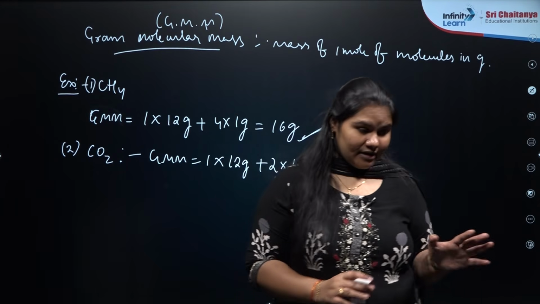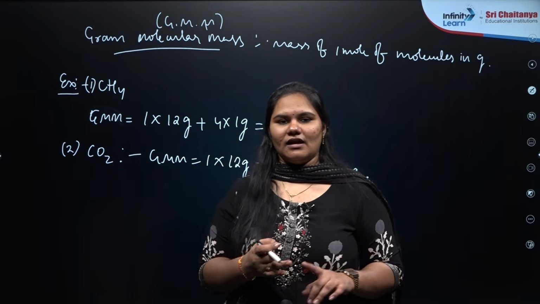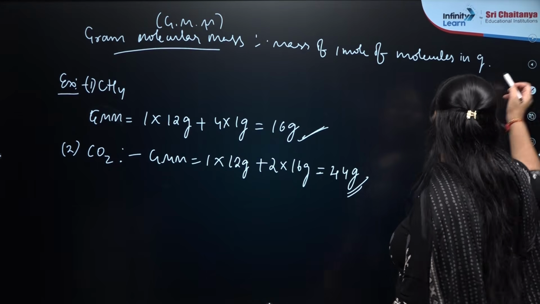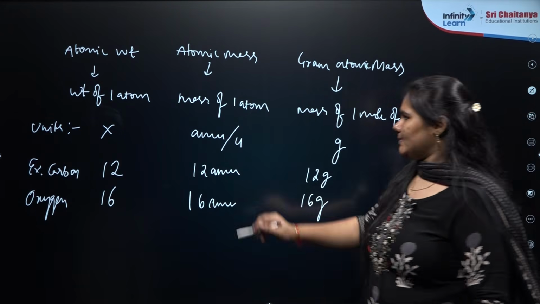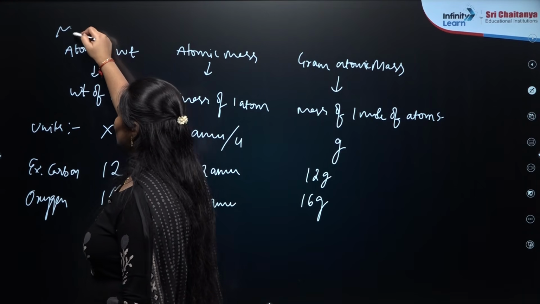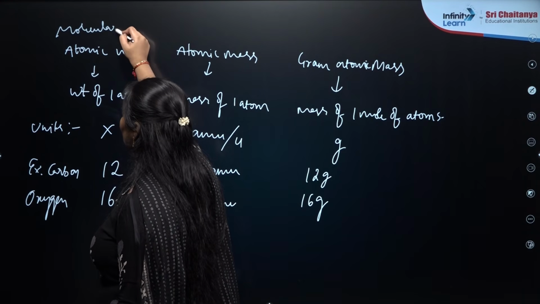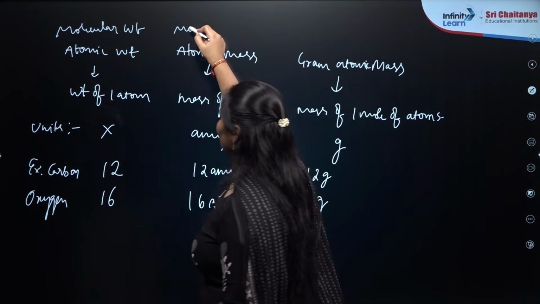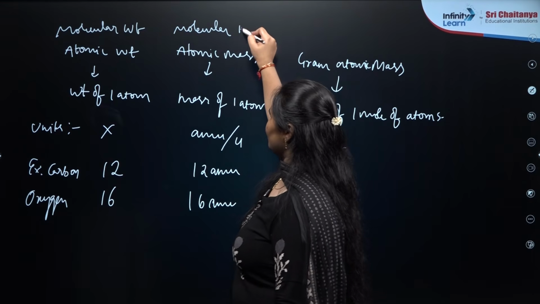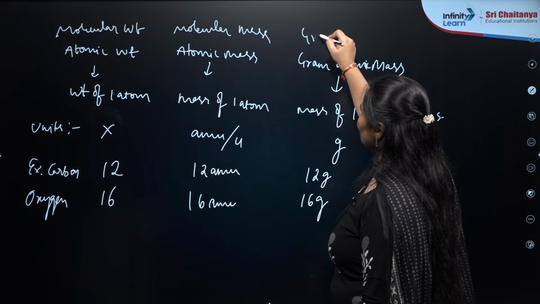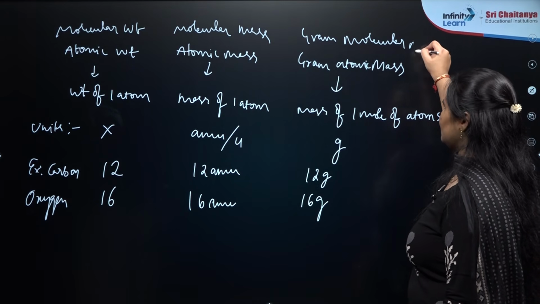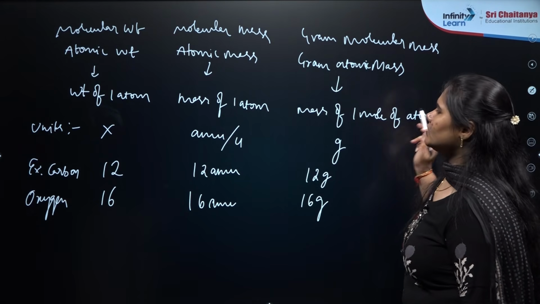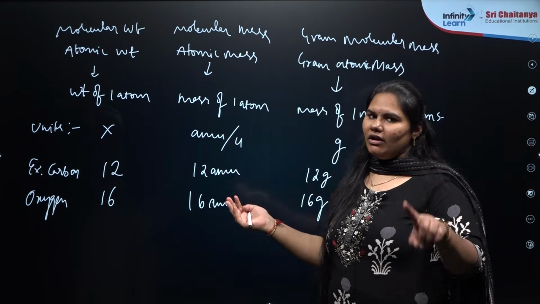I hope you got clarity now. Let's come back to the slide again. Atomic weight, atomic mass, gram atomic mass. Similarly, molecular weight, molecular mass, and gram molecular mass. Molecular weight is weight of one molecule.